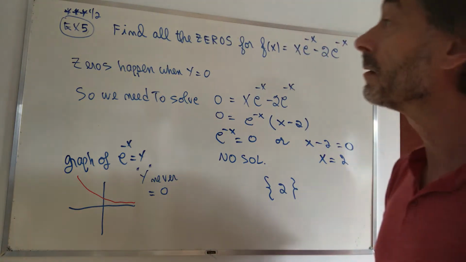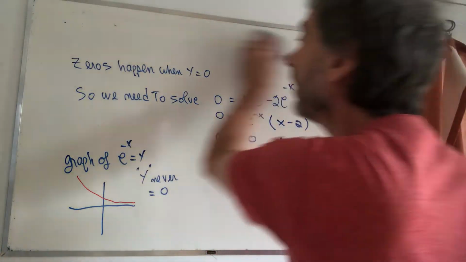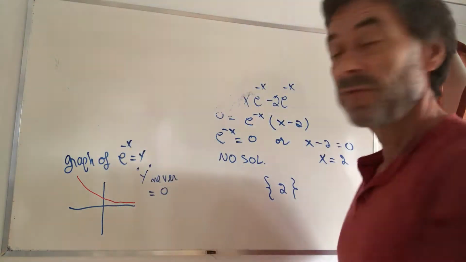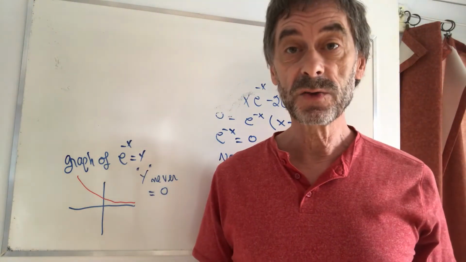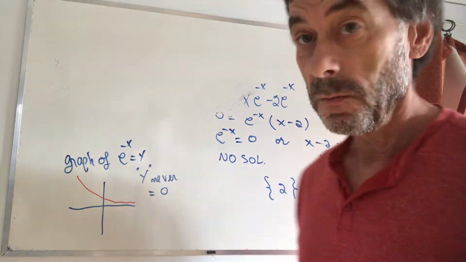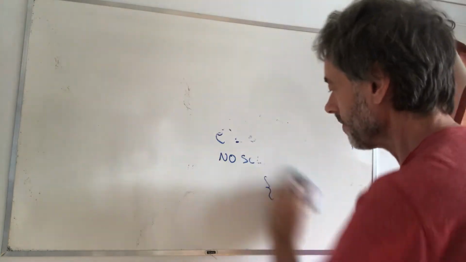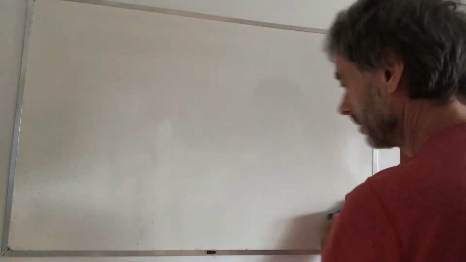All right, that was example 5. Good. So finding the zeros is the same thing as really solving, because we replace f of x, which is y, by 0. Okay. So perhaps enough on this topic.